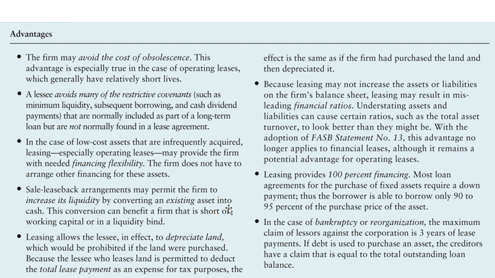Leasing provides 100% financing, so most lease agreements will be for 100% of the asset. You often don't have to put any money down or much money down, but that's not always the case. And in case of bankruptcy or reorganization, the maximum claim of lessors against the corporation is 3 years of the lease payments.